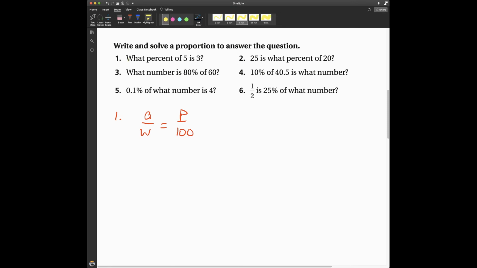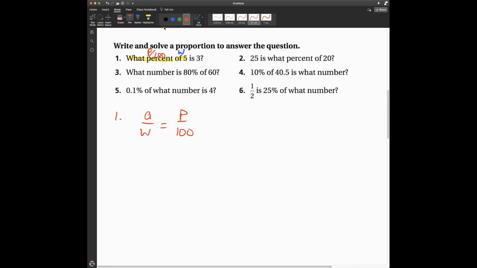Up here, what percent? That has to be the P over the 100. That's what I'm looking for. Of 5, that has to be my whole.